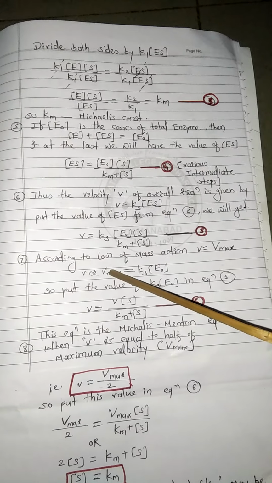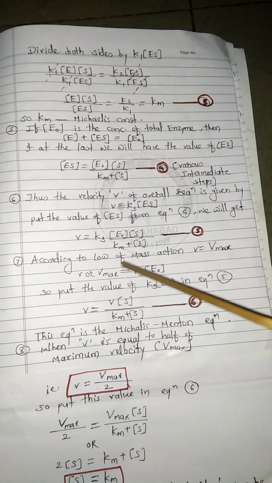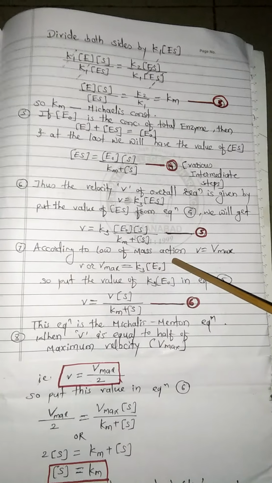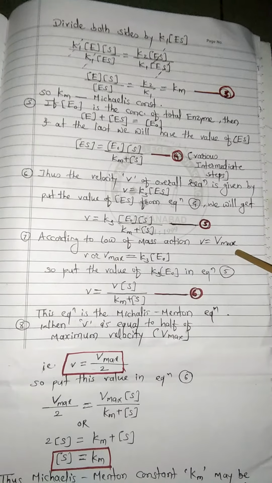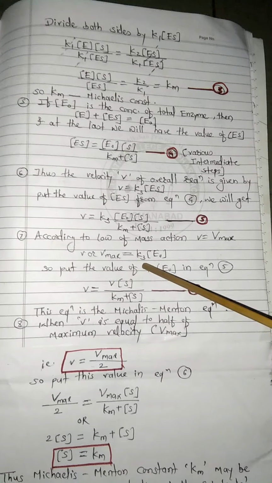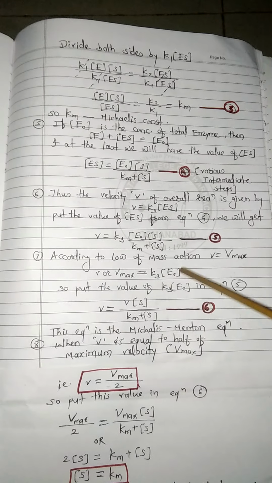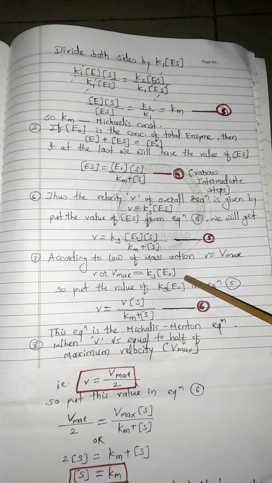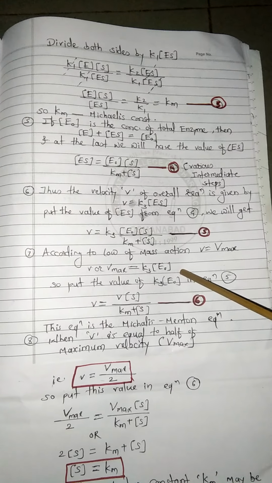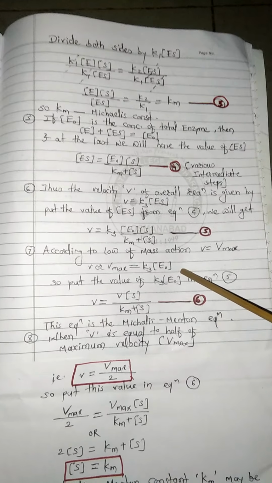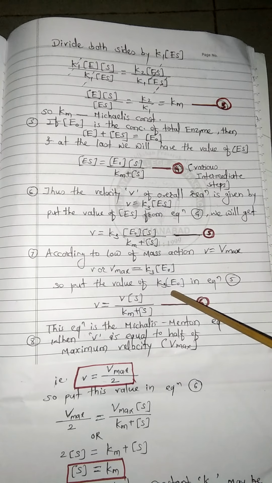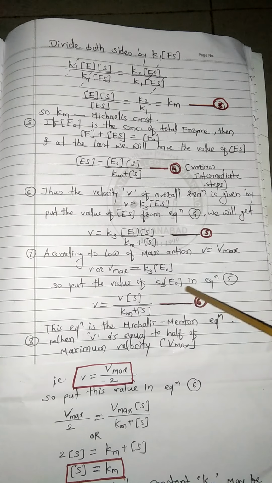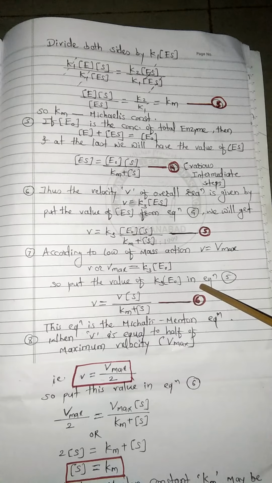Next point is that according to the law of mass action, Vmax is equal to K3 E0. So put the value of K3 E0 in equation 5.